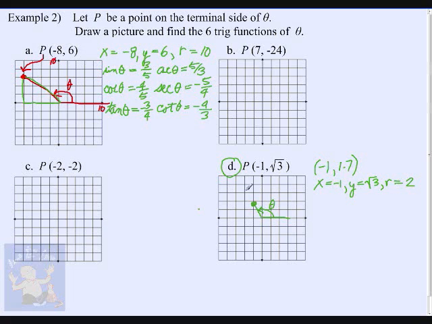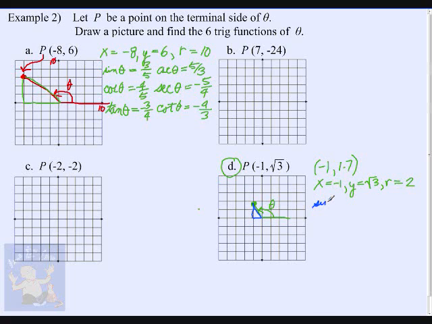And our radius right here, let me draw that triangle in. This is our reference angle right here, this one here. Draw the triangle that goes with it. Oh, terrible. Okay, so my radius is 2, my y is 1.7 or square root of 3, and my x is negative 1.